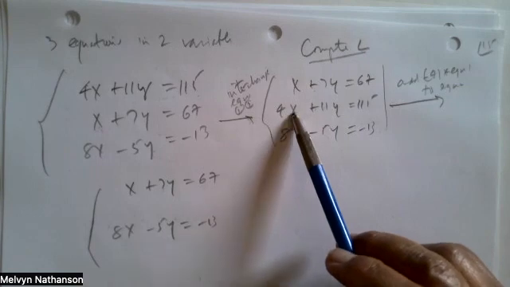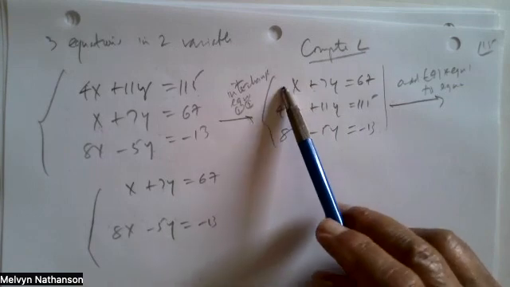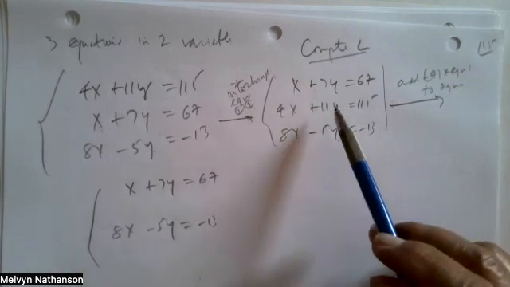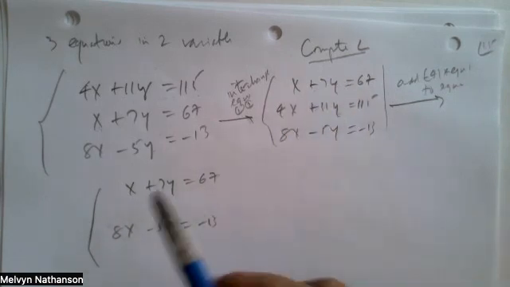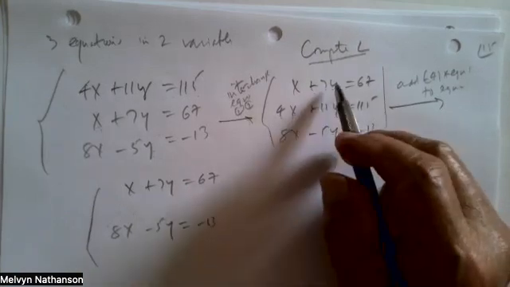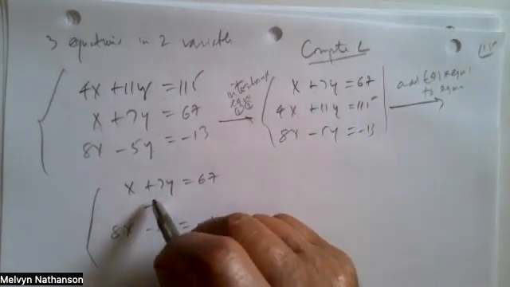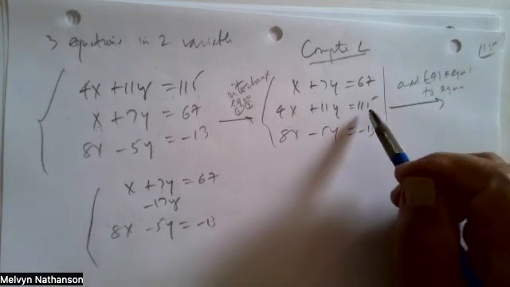So 4x minus 4x is 0 times x. 11y minus 28y is minus 17y.